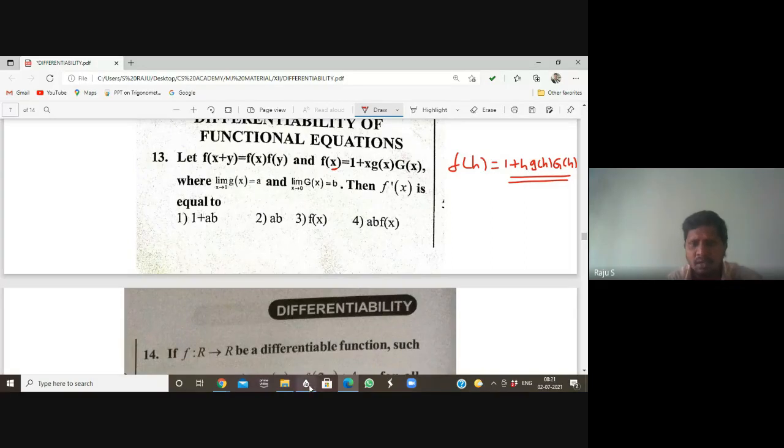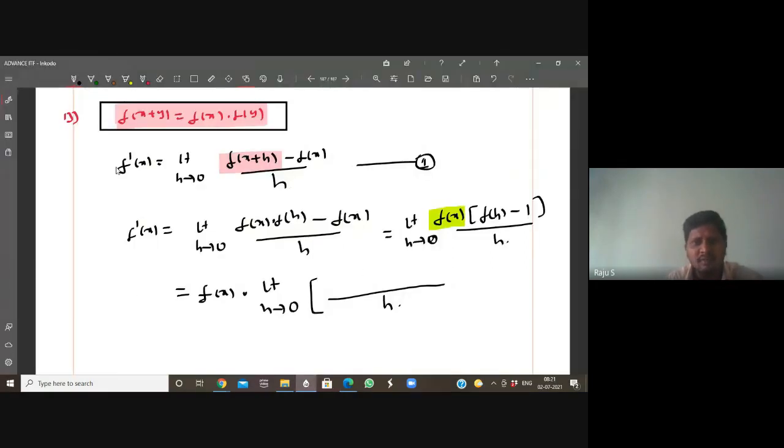So since f of x they gave here as f of x is equal to 1 plus x g of x capital G of x, with the help of this, f of h can be written as 1 plus h g of h capital G of h, minus 1. Okay, minus 1.